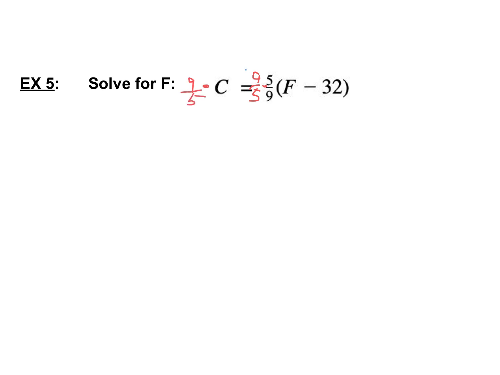Now, the 9 cancels here with that 9, and the 5s cancel here with that 5, which means that we now have a 1 in front of the parentheses to distribute. You don't multiply this to everything inside.